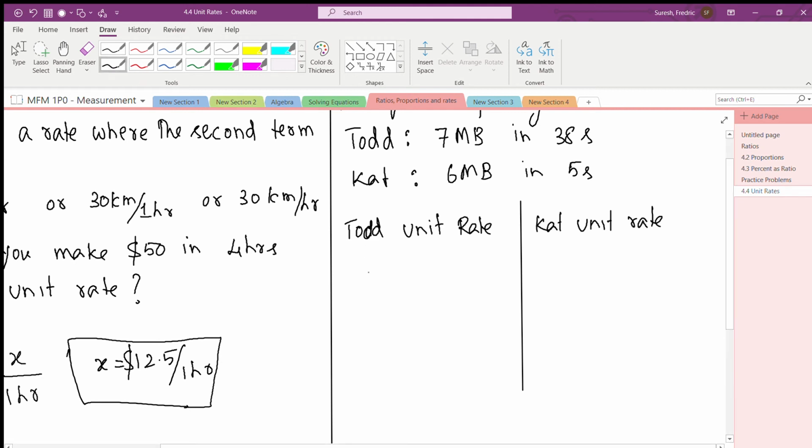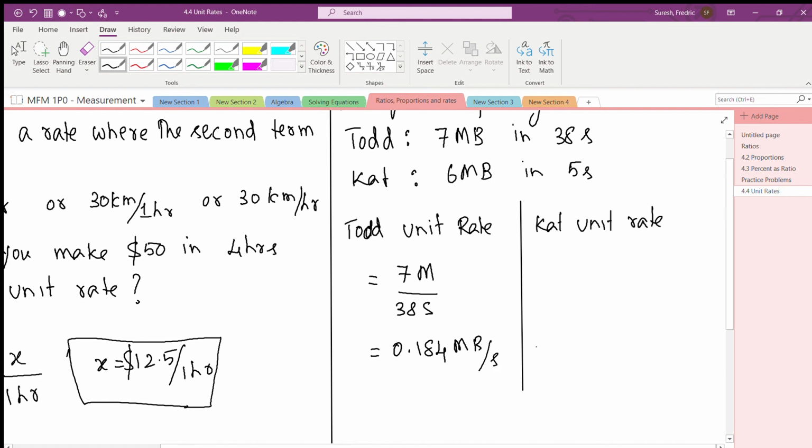So to do that, we do unit rates. So Todd's unit rate would be 7 MB in 38 seconds. And you punch that into your calculator. It would be 0.184 MB over second.